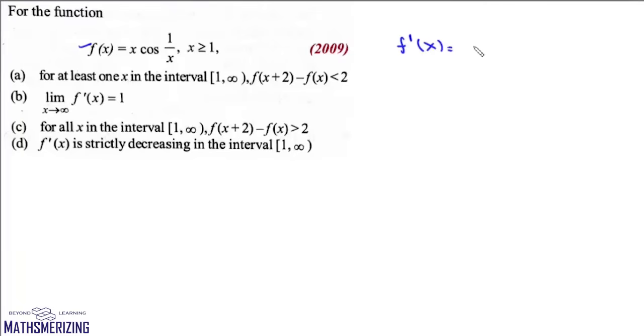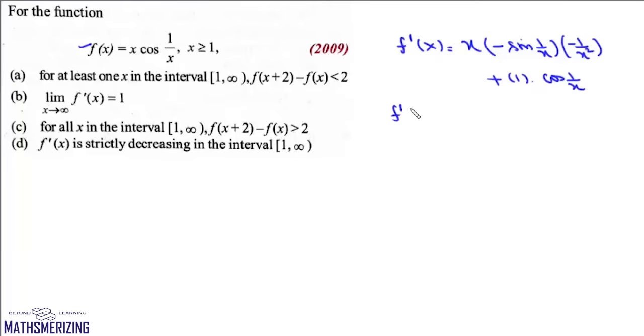Now f dash x will be x times the derivative of cos, which is minus sine 1 by x, and then the derivative of 1 by x is minus 1 upon x square, plus the derivative of x, which is 1, times cos 1 by x.